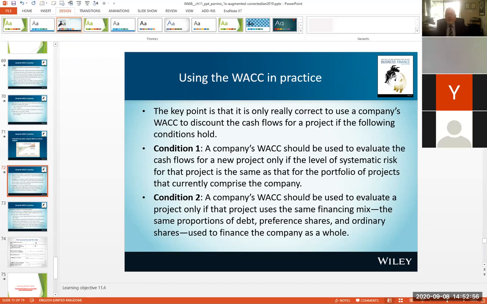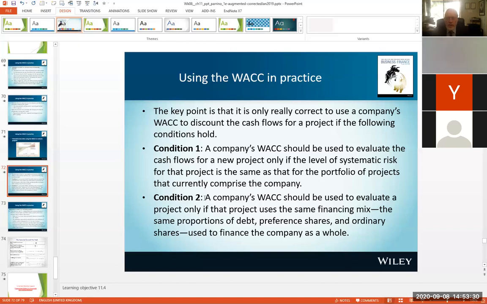So if we look at the portfolio of capital assets, and they're all designed to fit in the same ballpark in levels of systematic risk, which is really what animates the capital asset pricing model, then using WACC is useful because there's a homogeneity between the different investment possibilities.